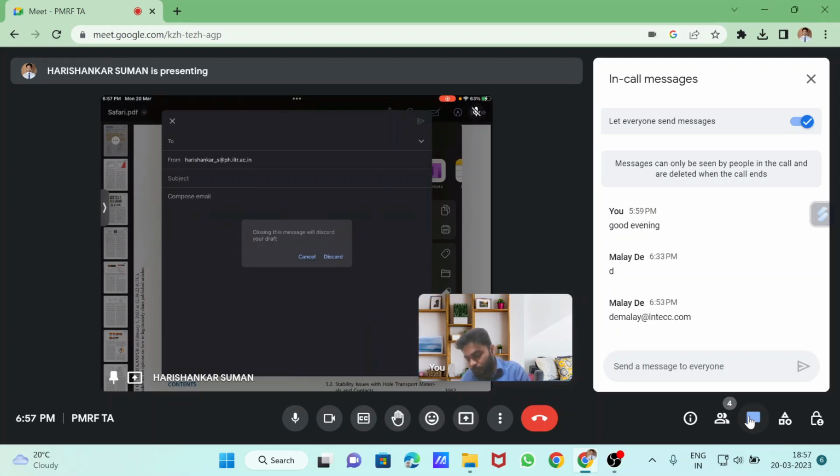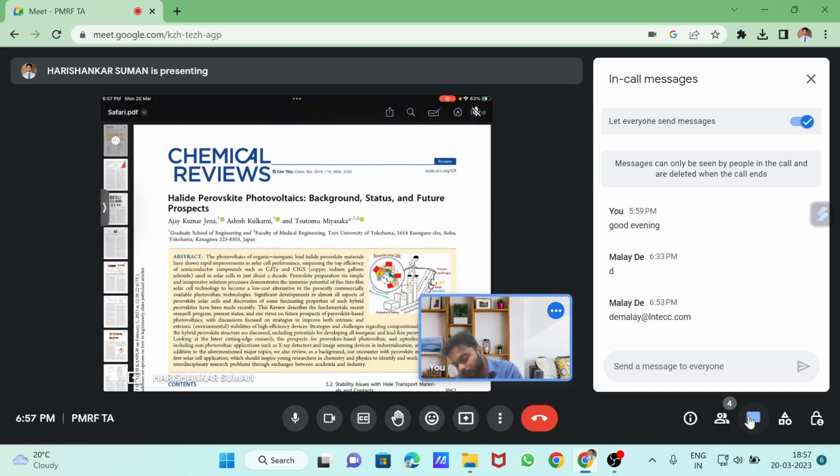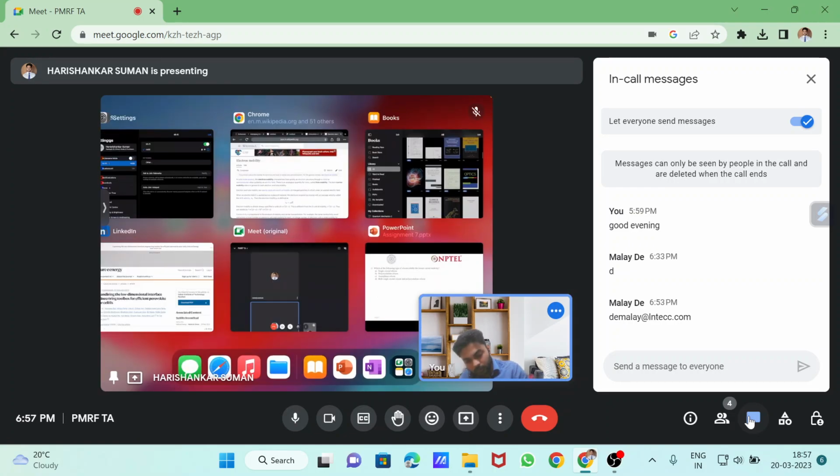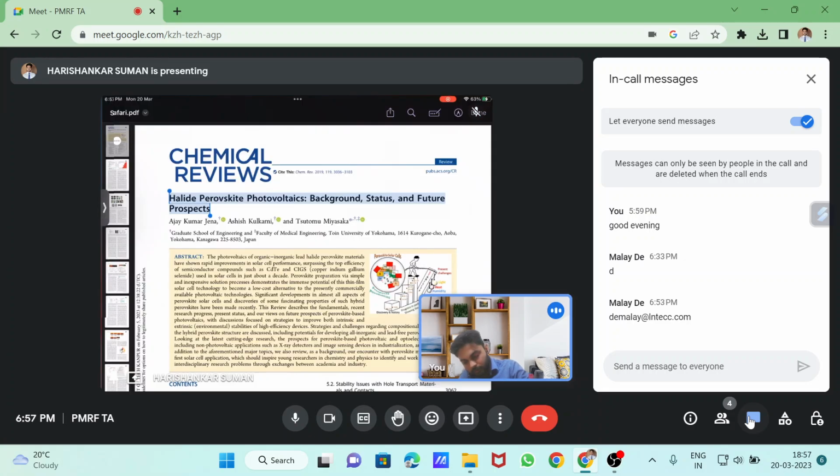So you can search for halide perovskite photovoltaics, background, status and future prospects. You can search directly on the internet.